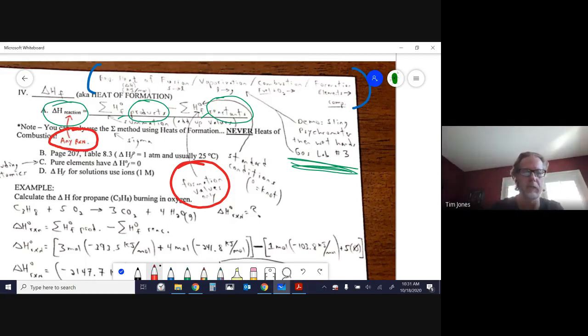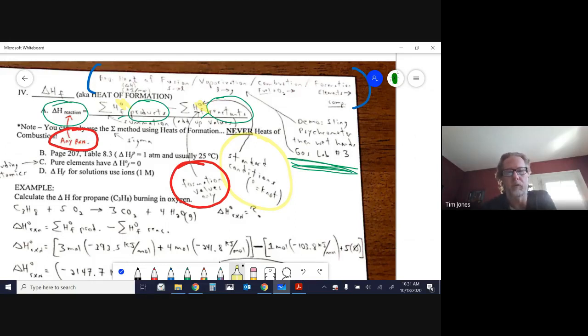Another thing to note is that little circle. It's in the upper right corner there and the upper right corner there. That circle means that the values are at what's known as standard conditions.